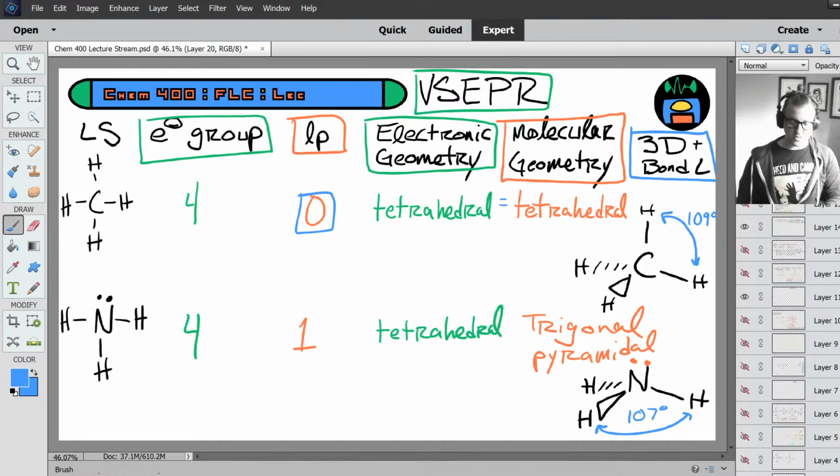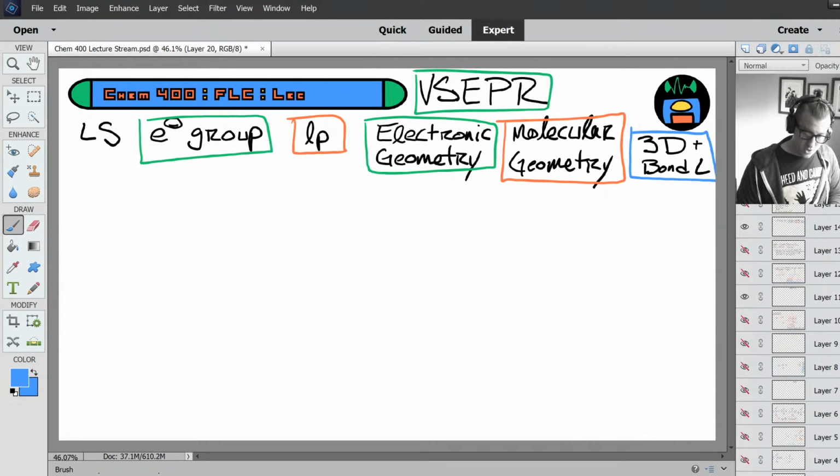It'll have bond angles of 107 degrees. All right? So that is the three-dimensional representation, bond angle, and molecular geometry for ammonia, NH3. All right? We've seen what happens when we add 1 lone pair. Let's add another.